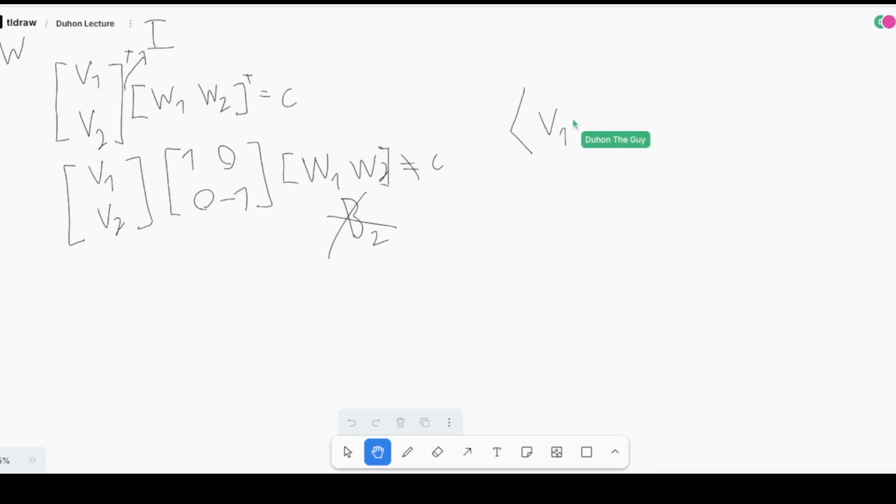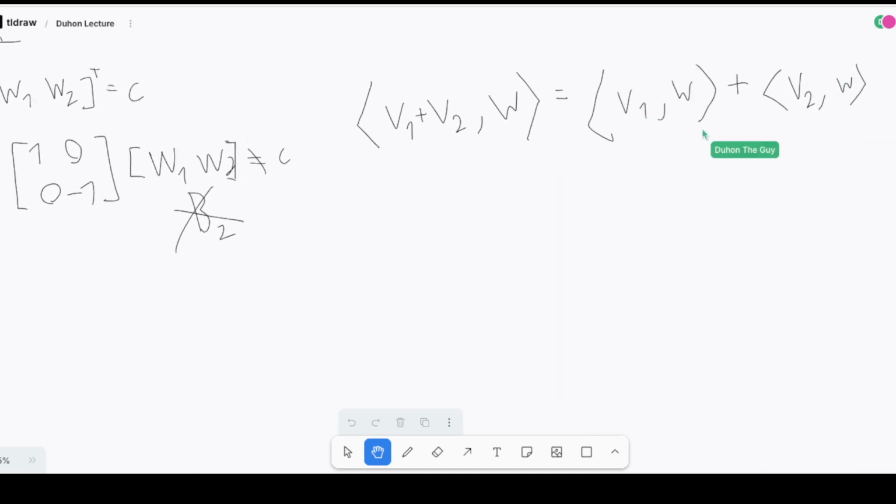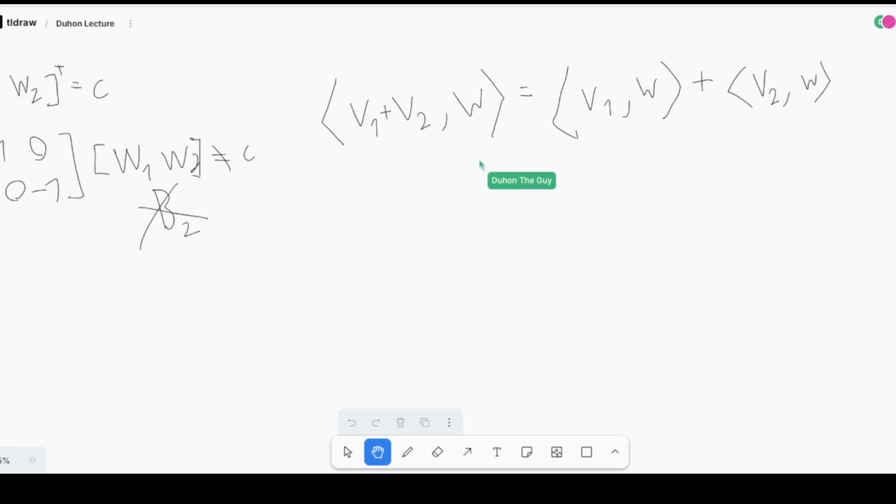If we do v1 plus v2, and that is a bilinear form with w, what does this equal? This, by requirement of being a bilinear form, has to equal v1 w plus v2 w. That's a requirement of it being valid.